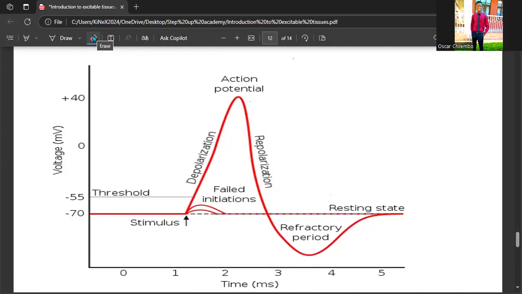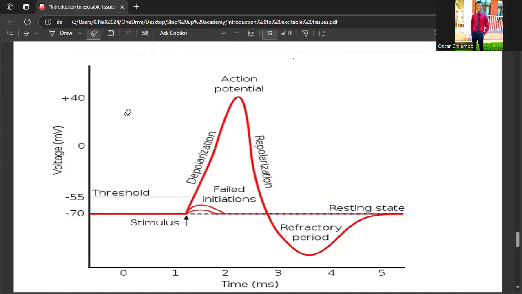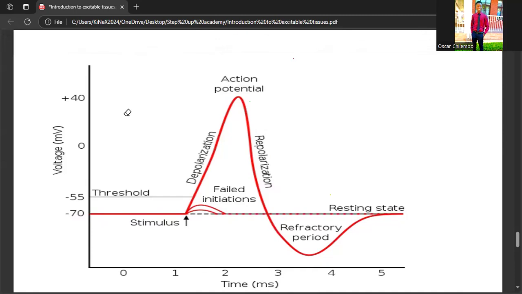Now, this is just a summary diagram of how membrane potential is generated. Physiologically, the normal membrane potential across a cell, which is the cell membrane separating the intracellular and the extracellular fluid, the normal ions are at equilibrium.